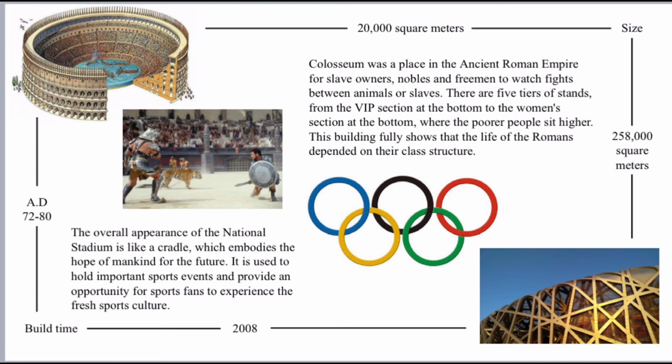So we can see that the life of Roman citizens depended on their class, and the skill levels they needed to build the Colosseum, where there were masons, designers and also concrete workers.